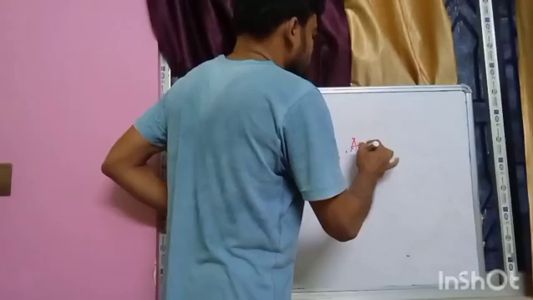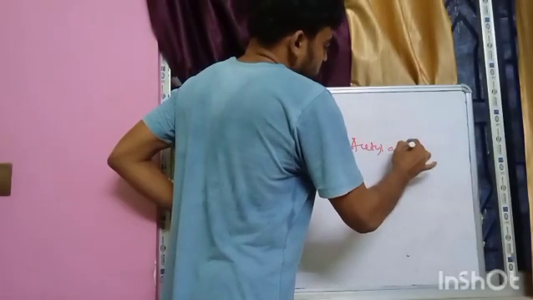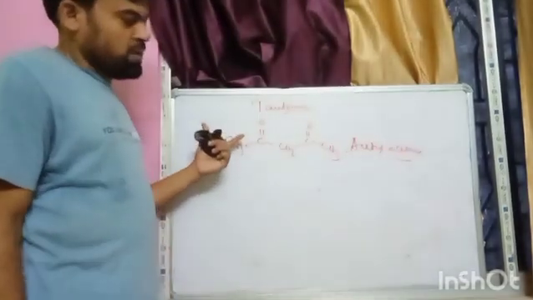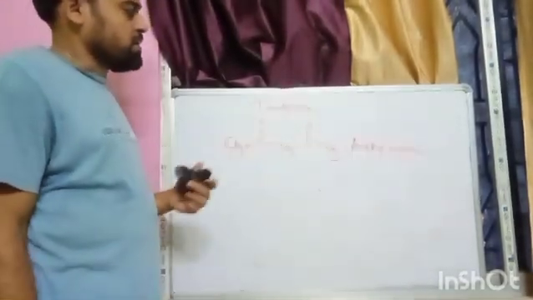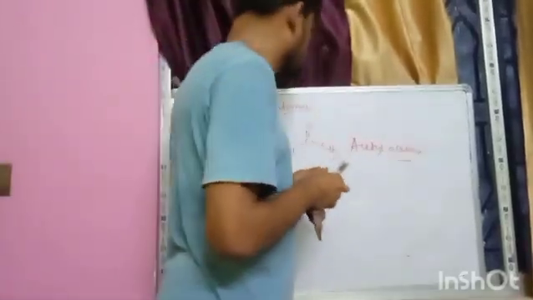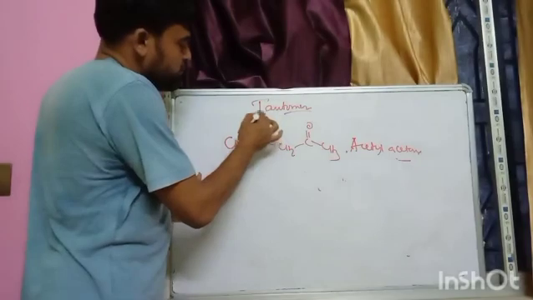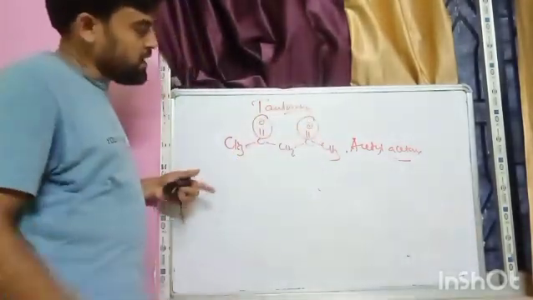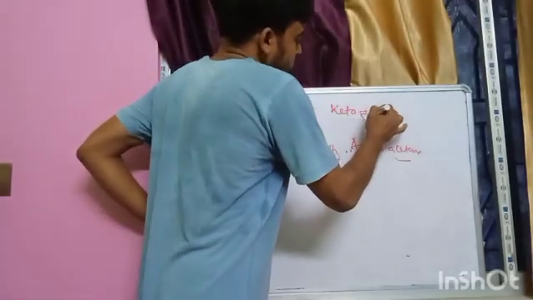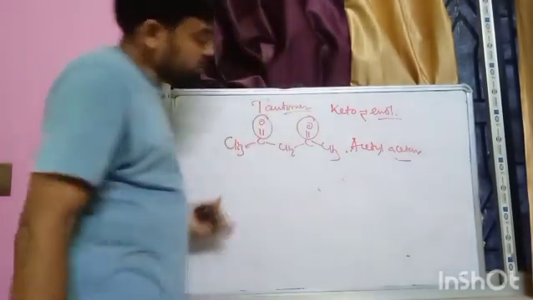It comes from acetic acid. One part is from acetic acid, and another is from acetone, and it is called acetyl acetone. Here both keto groups are present, and the one term is keto and the another term is enol.